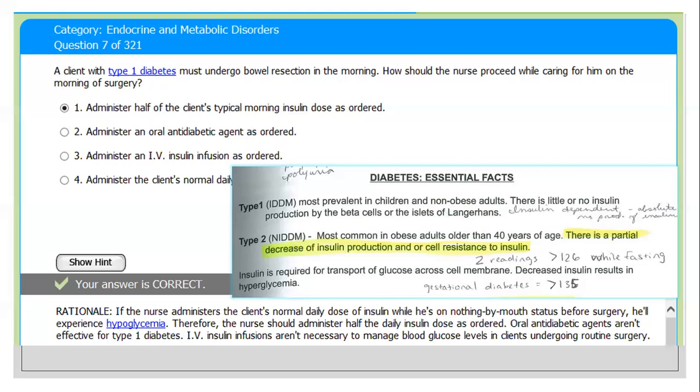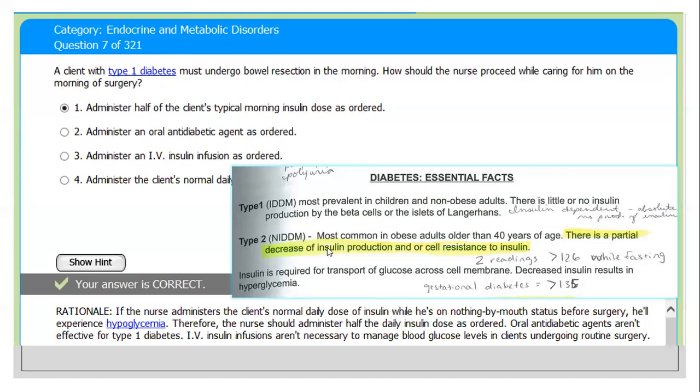In the pancreas there are two types of cell, beta cells and alpha cells. Beta cells produce insulin, and alpha cells produce glucagon. So if the beta cells do not produce insulin, or they produce insulin but our tissue does not use it or is resistant, that is very common in type 1 diabetes.